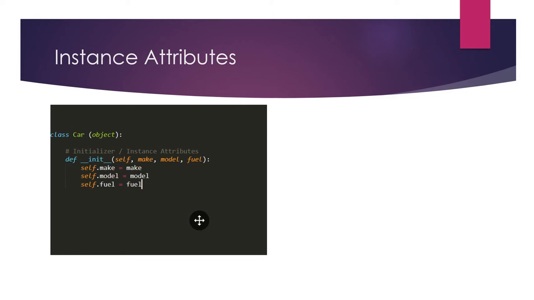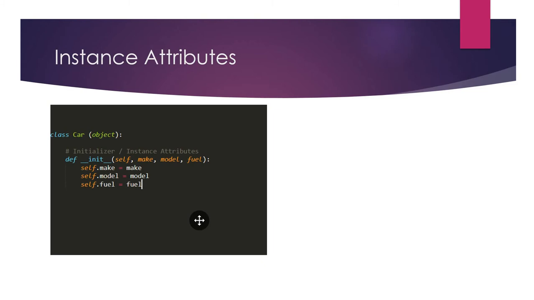Similarly, a BMW or an Audi would have its own model, its own make, its own fuel type. So the objects can have different attributes. But these attributes are defined via classes. Classes just define the generic attributes, but those attributes can take different values in different objects that you create out of that class.